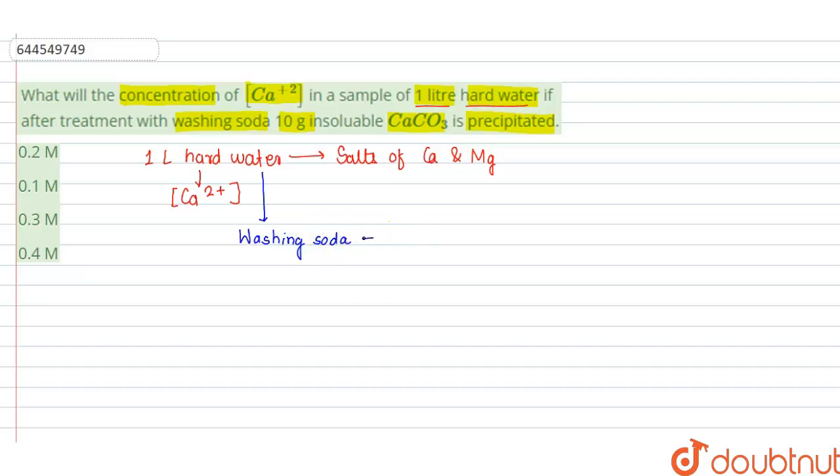Washing soda is sodium carbonate. The formula for washing soda is Na2CO3.